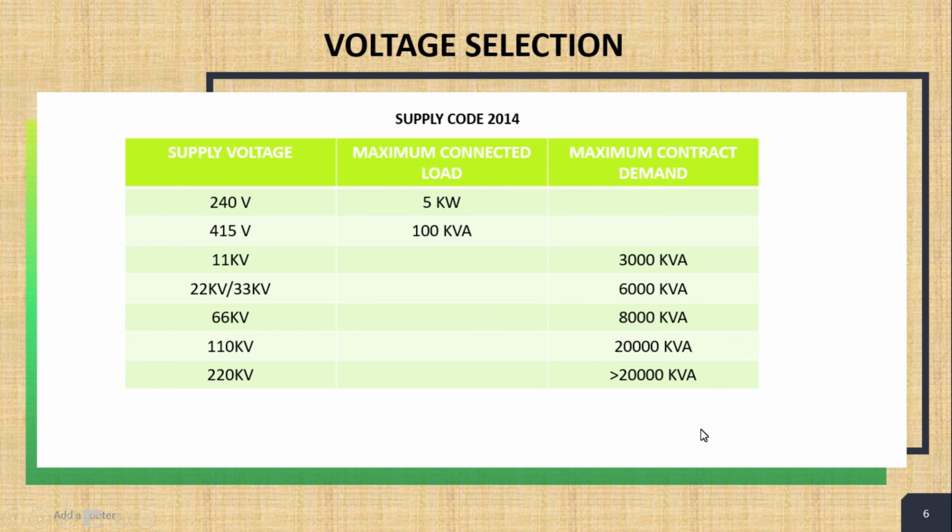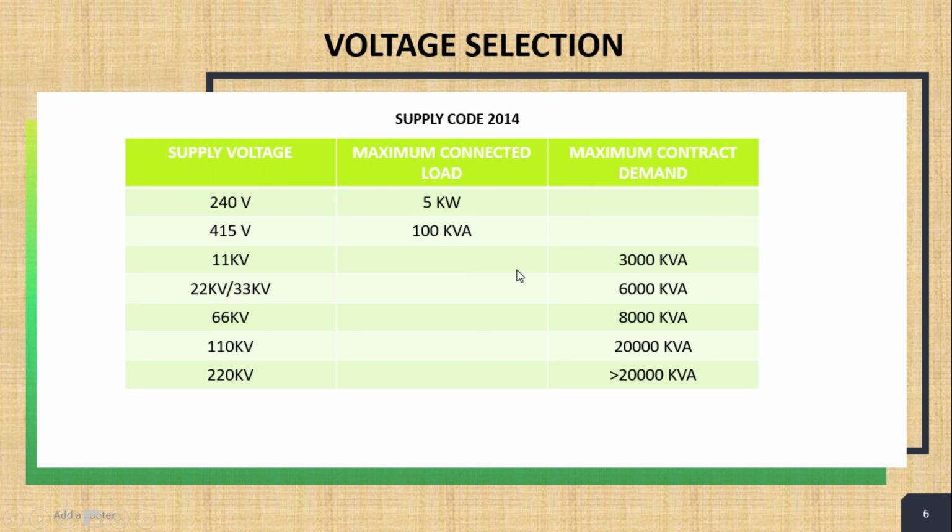Now let us see how we can select voltage based on this. The given chart shows the selection of voltage based on maximum connected load and maximum contract demand. It is taken from the supply code 2014. As per the chart, up to 5 kW, we can use single phase 240 volt, and up to 100 kVA, we can use 3 phase 415 volt.